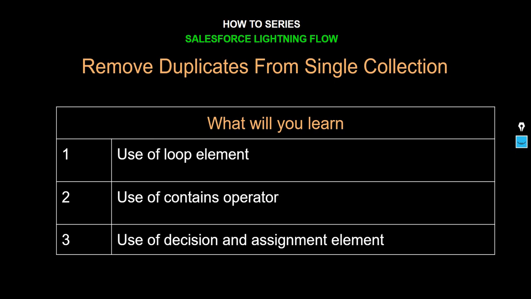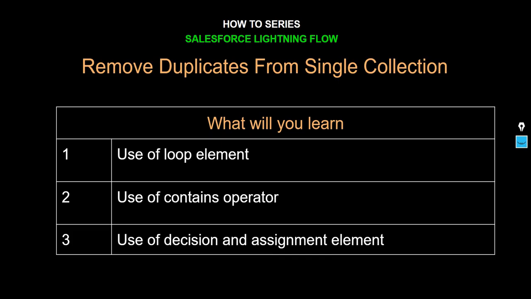Before we close this video, we can accomplish the same use case using various other methods as well. I can use Apex code to remove the duplicates, which we can see later as a separate video. Without writing a single line of code, we managed to remove duplicates from a collection.